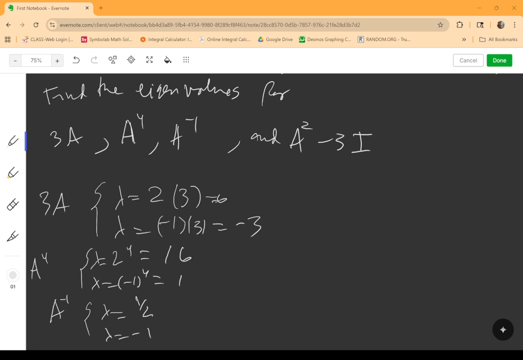So for the last one, that one is where we bring in the matrix polynomial: this A squared minus 3I. So the polynomial for this matrix polynomial is going to be p of lambda. I don't need to do any other calculations other than plugging in lambda here.